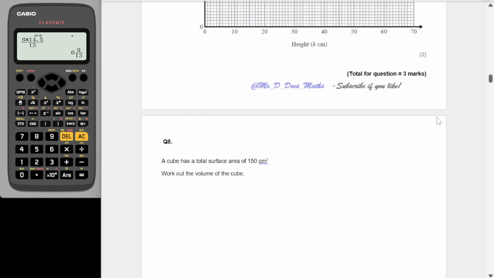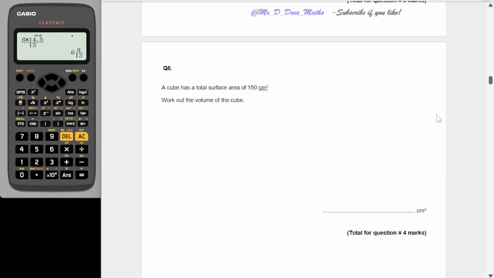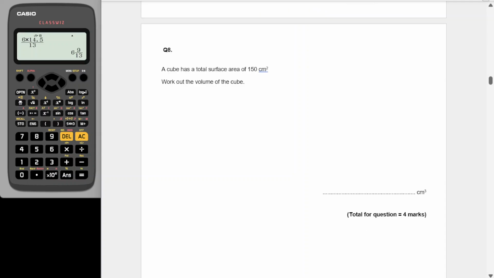Okay. Question 8. A cube has a total surface area of 150 centimeters. Calculate the volume of the cube. Well, the surface area of a cube is going to be equal to 6 times x squared. So we know that 150 is equal to 6x squared.